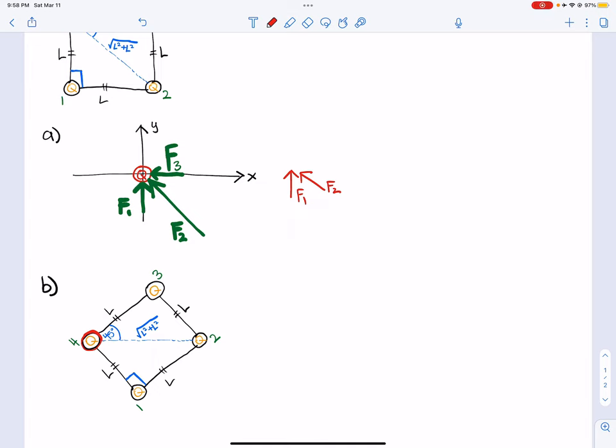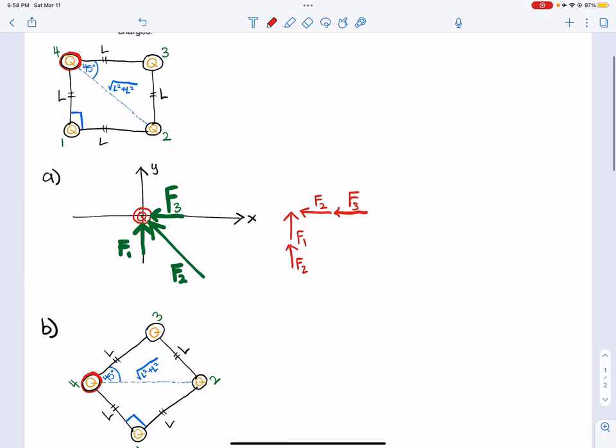So if it's coming that way, I would experience an F2 at the positive Y, and I would also experience an F2 coming towards negative X, right? Then I also have to add the F3 also going towards negative X. So nothing would cancel out if I leave my orientation the way I drew it right here.